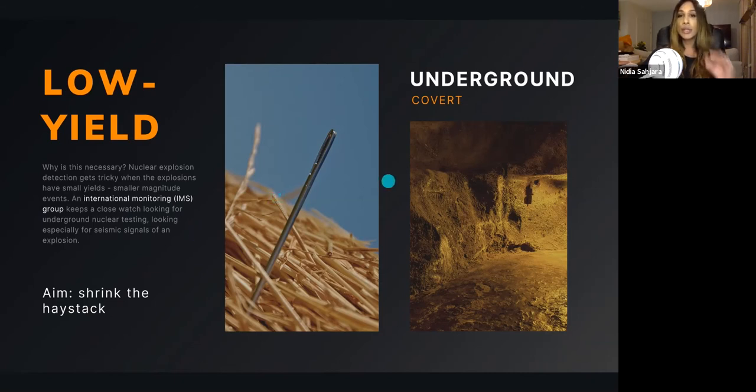You can have some really covert explosions that are very deep in tunnels, deep underground, and low impact explosions, not the type that would cave in an entire mountain like what happened in North Korea. So the aim is that you want to shrink the haystack. It's not the best case scenario, but when you're handed a scenario that is really difficult, you want to shrink that haystack.